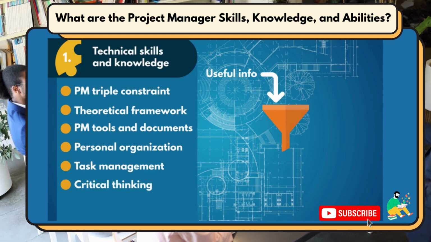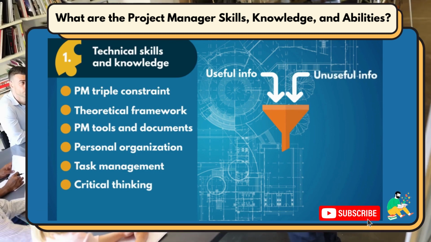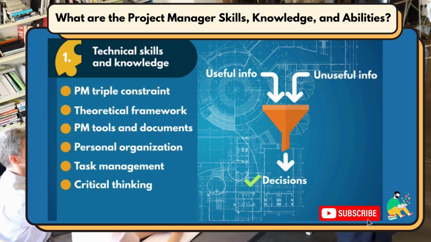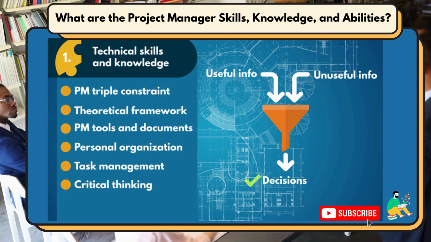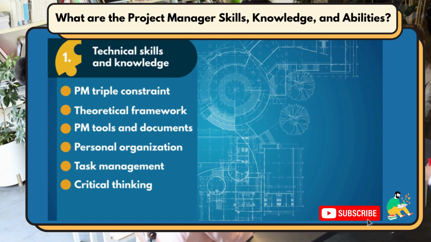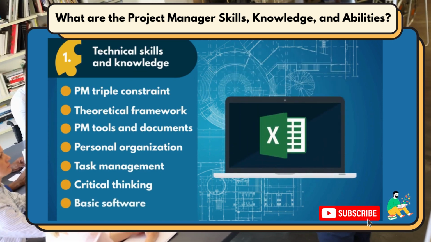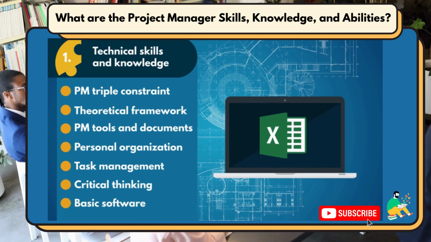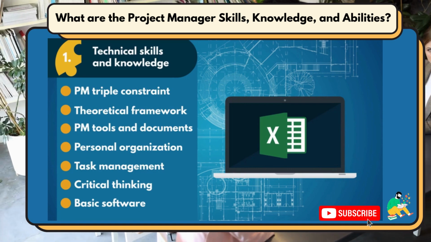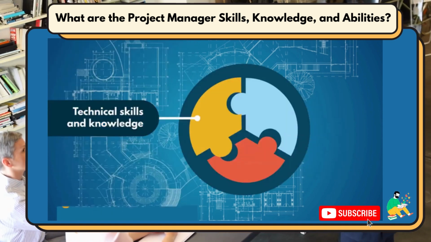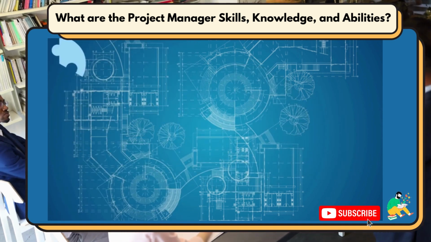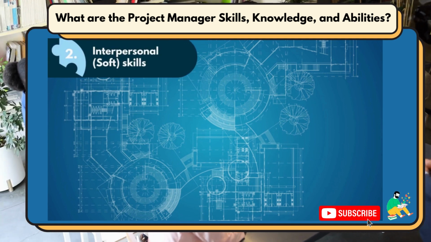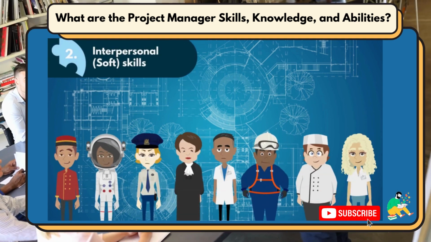The ability to filter useful information from the not so useful, and on this basis make the right decisions. And finally, efficient use of basic software, enabling you to create clean tables and slides for your plans, trackers, and presentations respectively. Alright, let's move on to the next key piece, the interpersonal or soft skills.